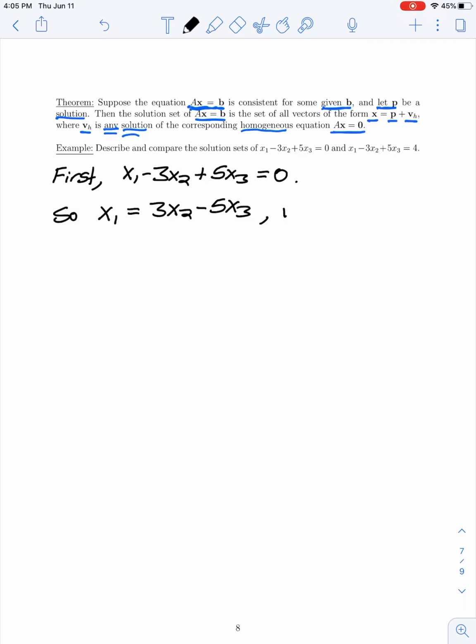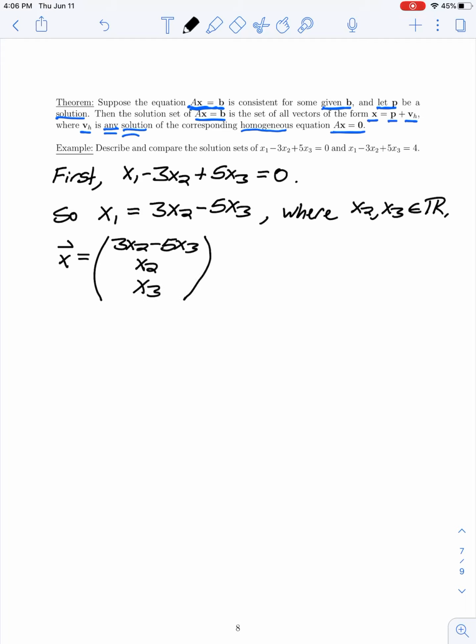So we have the set of points x1, x2, x3, where x1 is equal to 3x2 minus 5x3, and x2 and x3 can be any real numbers. Or if we wanted to write this in parametric vector form, we would have the set of vectors where x1 was 3x2 minus 5x3, x2, x3.